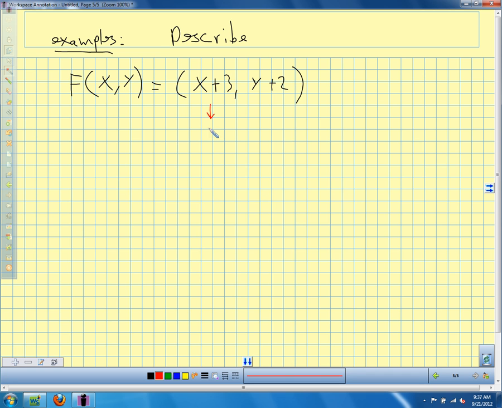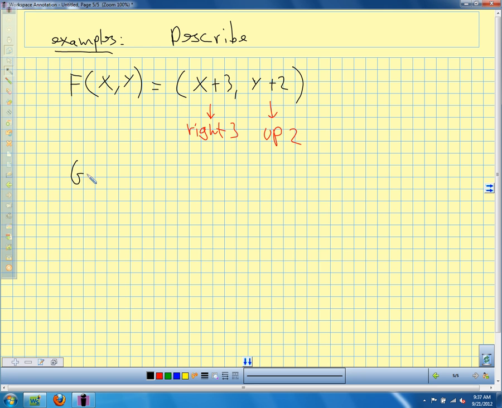So if we're adding 3, which direction are we moving? Right. And by how much? Right 3. And the y-coordinate, what are we doing to the y? Up 2. Adding 2 moves us up 2. Right 3, up 2. So that would be our description. This is what this transformation does to our point. Moves it right 3 and up 2.